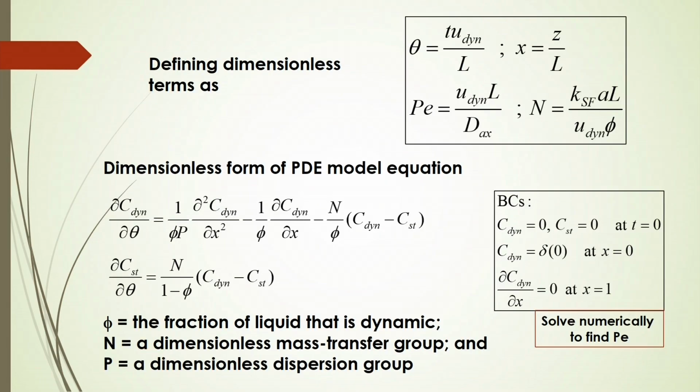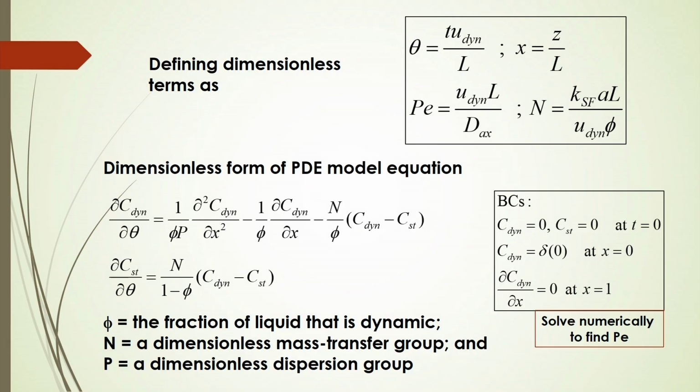According to this model, you will get different parameters, defined as per the information in the slides: the fraction of the liquid that is dynamic, and some dimensionless parameters, the mass transfer group, and also the Peclet number, the dispersion groups.